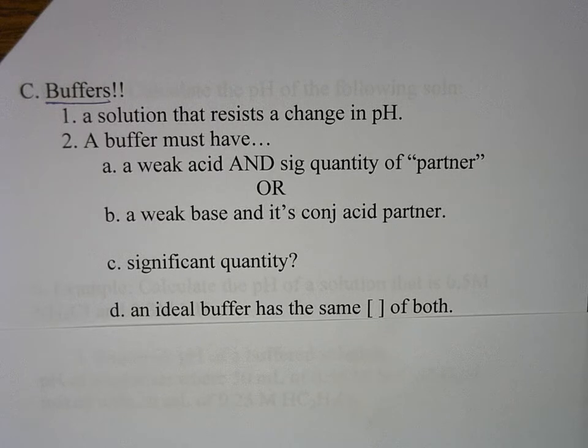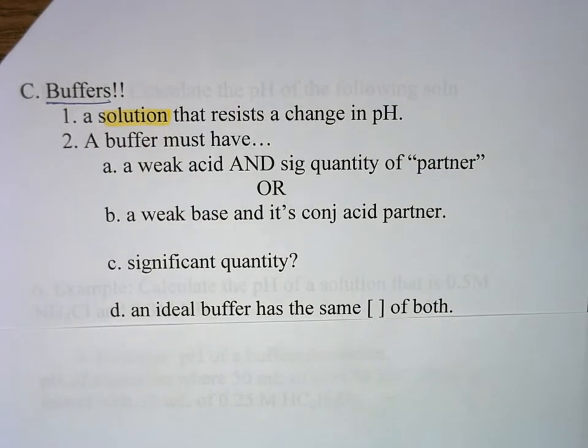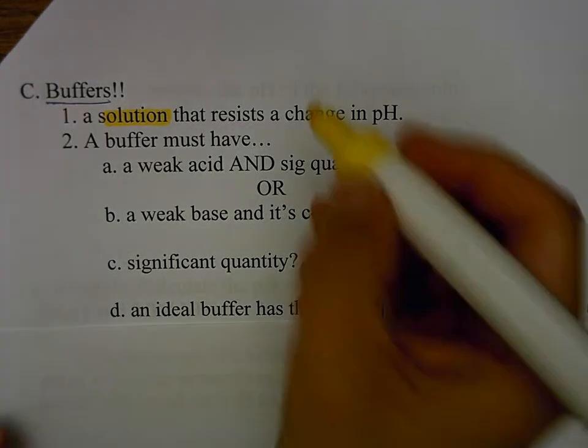Okay, first thing up here is just the definition of what a buffer is. We've been talking about how chapter 15 is about buffers. All a buffer is, is a solution. It's an aqueous solution with a lot of ions and a lot of things going on in there. It is specifically a solution that resists a change in pH.